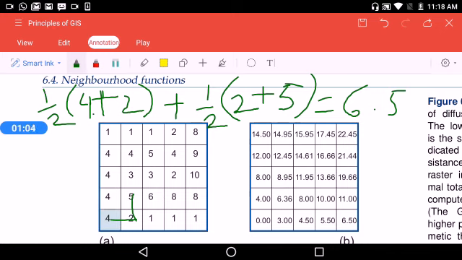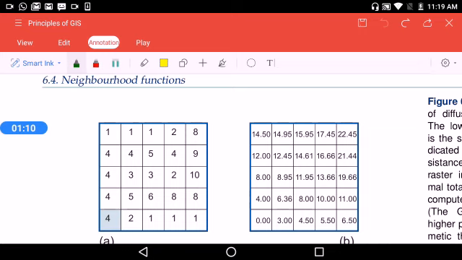Similarly, we can find the cost of going directly to the northeast cell. For going from the current cell to the cell in the northeast, the cost is half of 4 plus 5, because we are just going to one other cell.